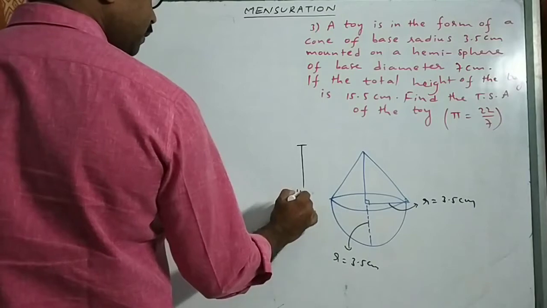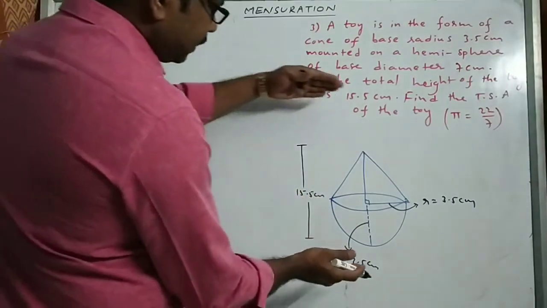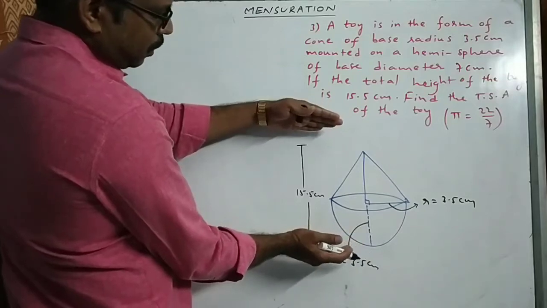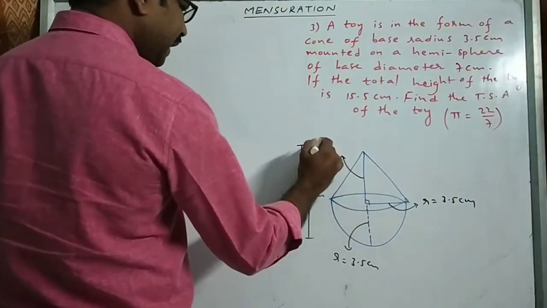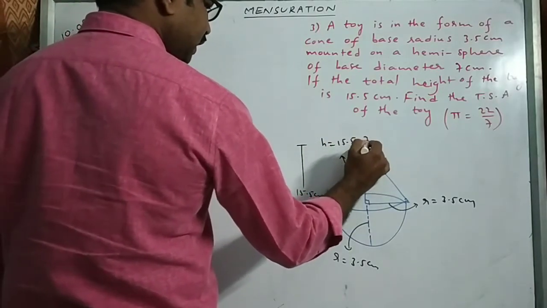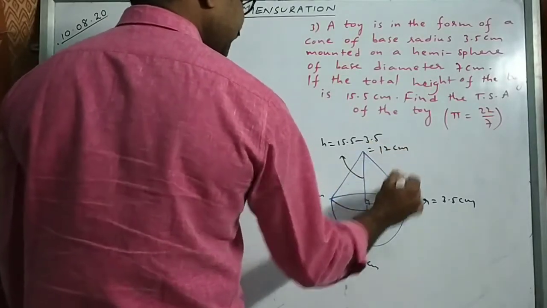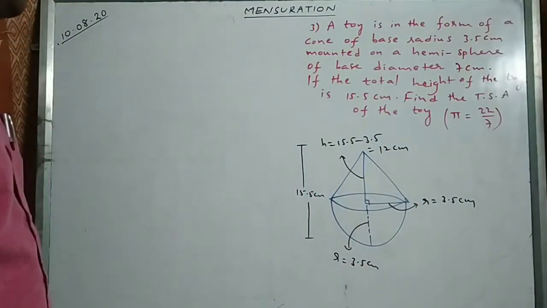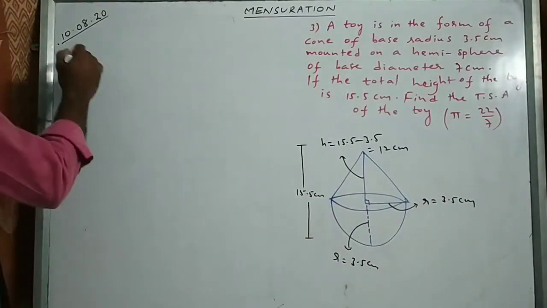How much? 15.5. If you remove 3.5 from the total height, then we will get the height of the cone. 15.5 minus 3.5, that is 12 cm, the height of the cone.